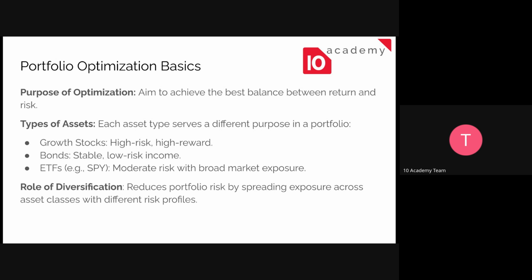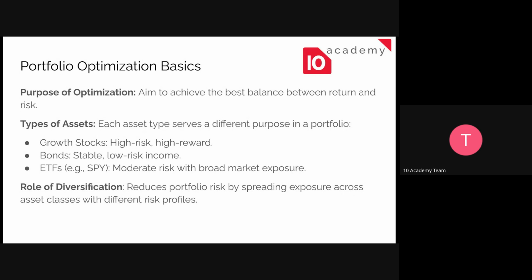So let's move on to the portfolio optimization. We have seen in the challenge document, in the business context, that you have different types of stocks that you want to invest in, but you want the best balance between return and risk, because we all know that high risk could give high return, but it could also result in high loss, right?